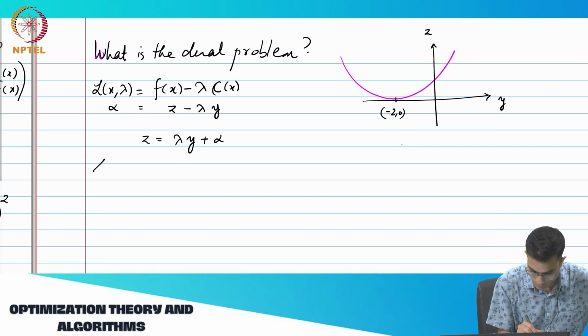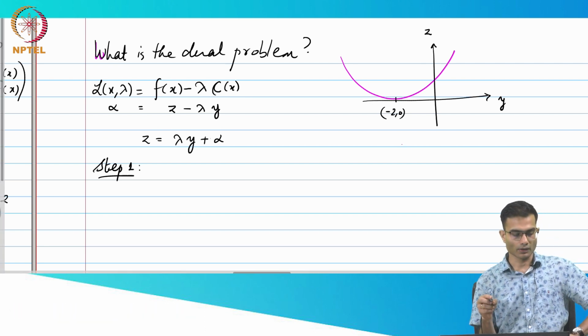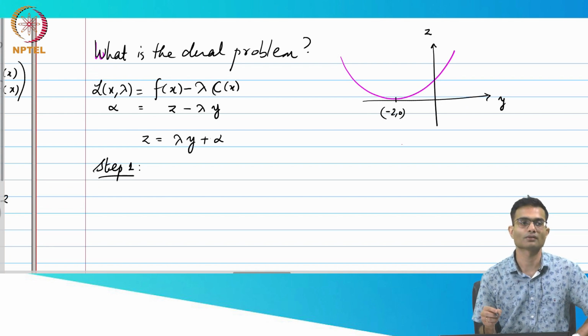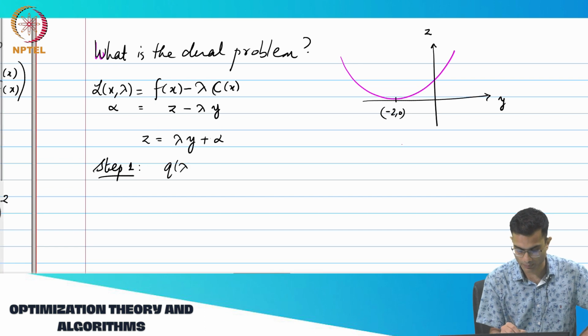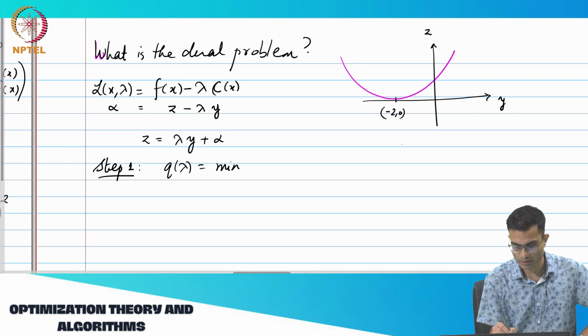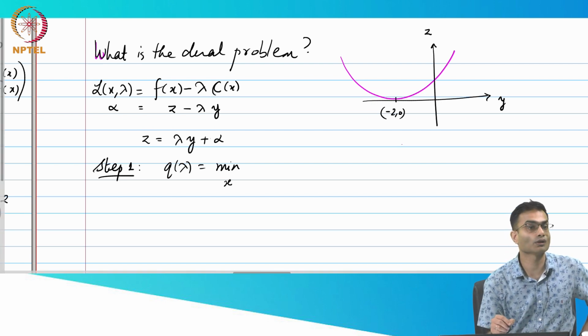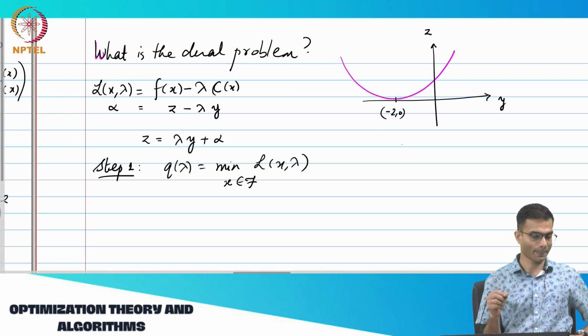Now let's look at step 1 of our Lagrangian formula. I need to write the Lagrangian dual. So q of lambda was minimize over what? x, and x belonging to the feasible region, of the Lagrangian of x comma lambda.